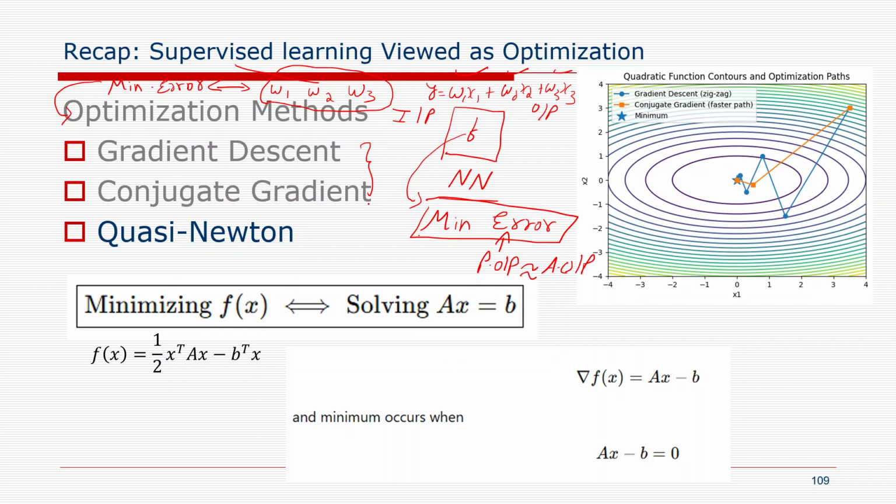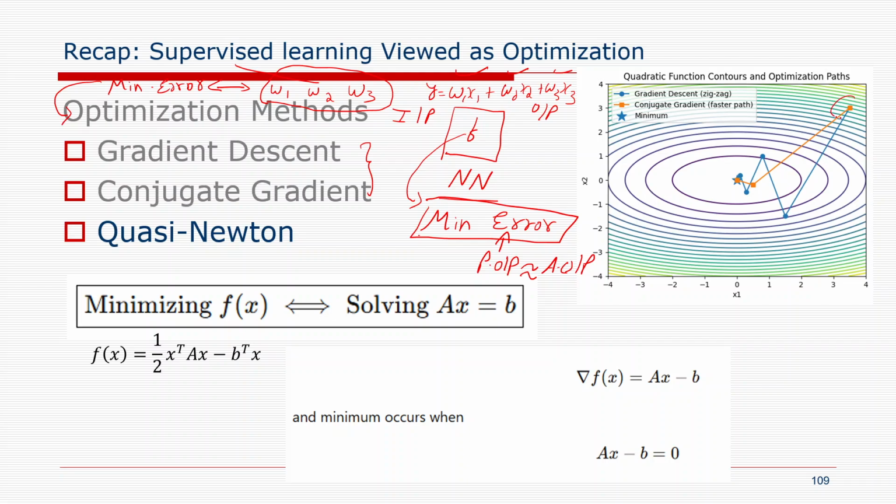And I have given a foundation for the conjugate gradient. And I told that the conjugate gradient is going to converge faster. Converge faster in the sense it will try to find the minimum of the function in a fast manner when compared to the gradient. In this figure you can see the blue line indicates the gradient and the orange line indicates the conjugate gradient.